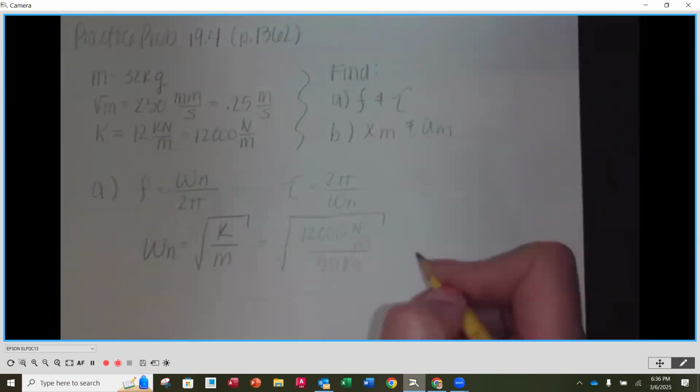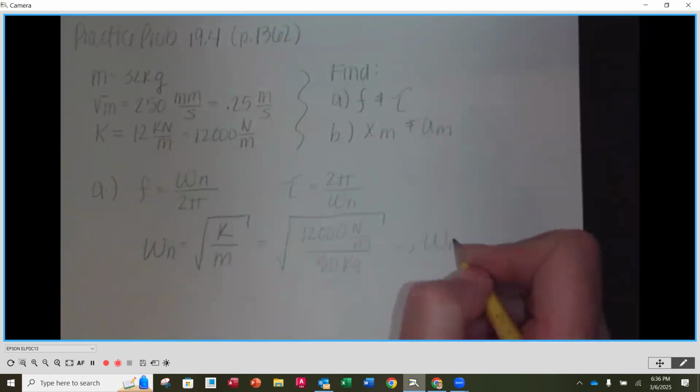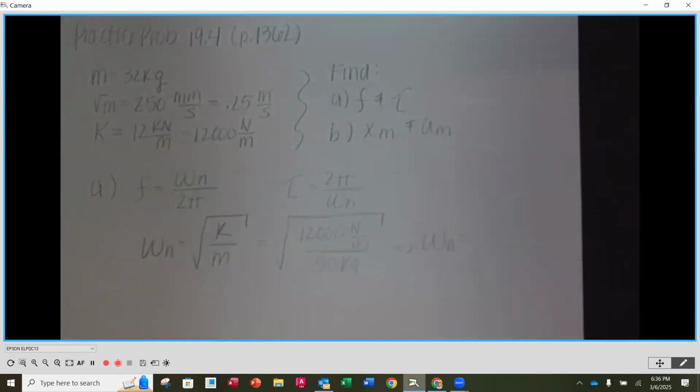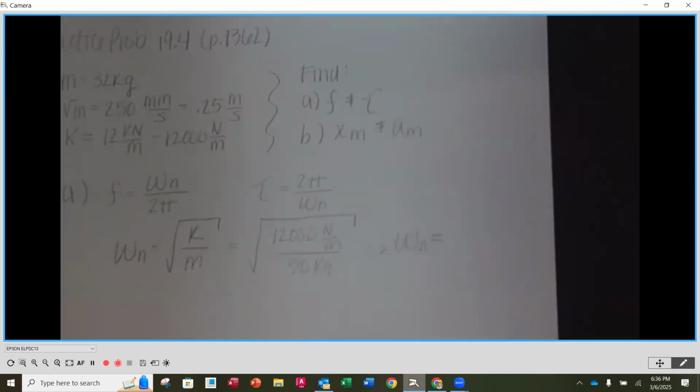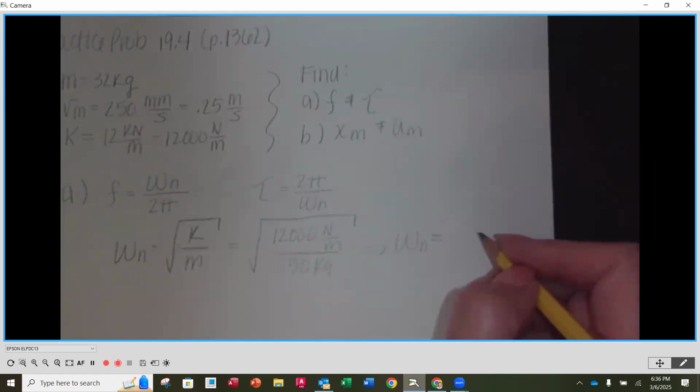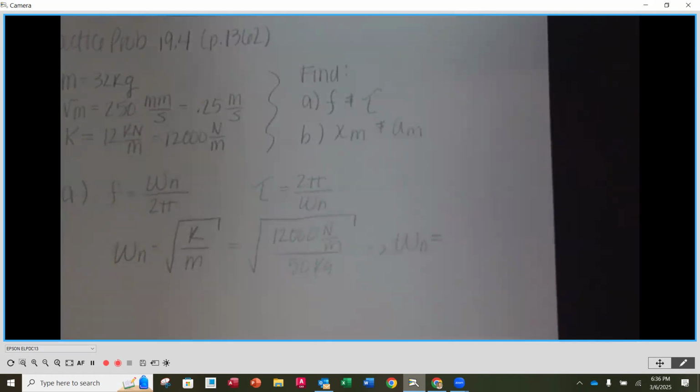So our natural circular frequency, what do you guys get? Elliot, it's 32 kilograms, what was that? Your kilograms should be 32. Oh, it's 32.